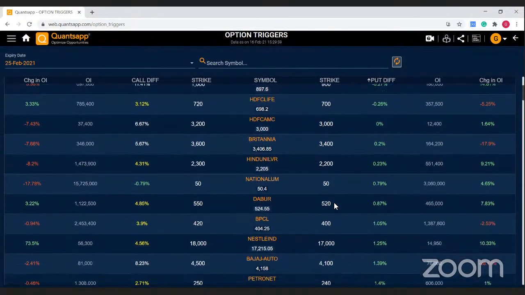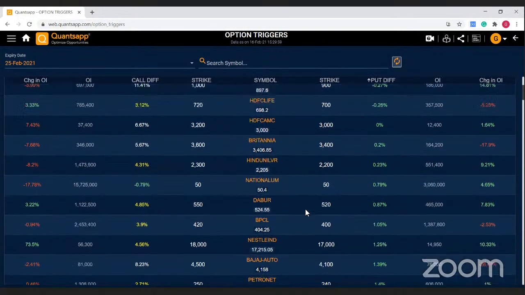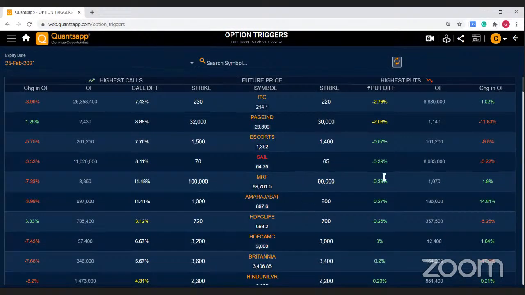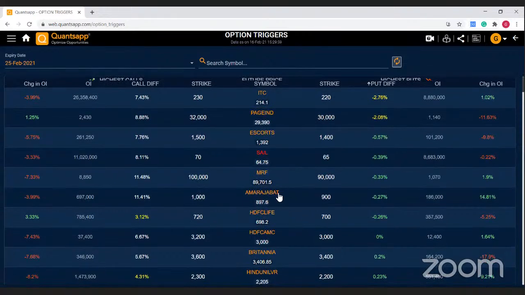But if you go down and look at Amara Raja Batteries, even though future prices are below the highest put level, put writers are increasing their positions more and more, which says they are more confident that prices will not go down, or they are looking forward to prices sustaining at this level only. So you should be looking into it.